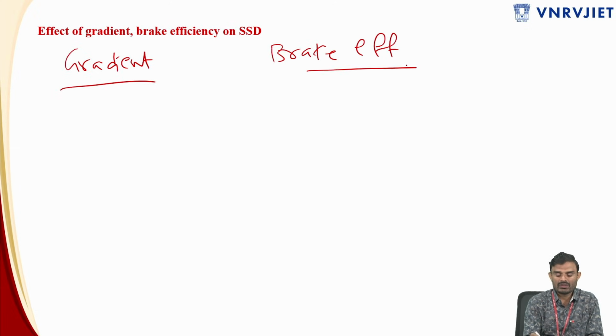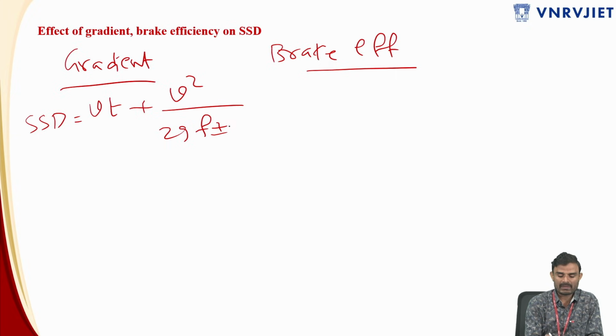Your gradient effect is going to have an effect only on braking distance, because your lag distance will not have anything related to gradient, or to the vehicle. So SSD is equal to VT, which is the lag distance, plus V square divided by 2g into f plus or minus n.